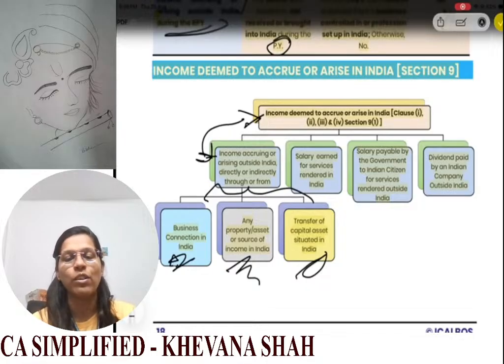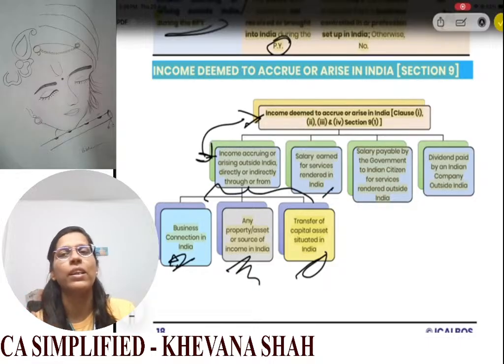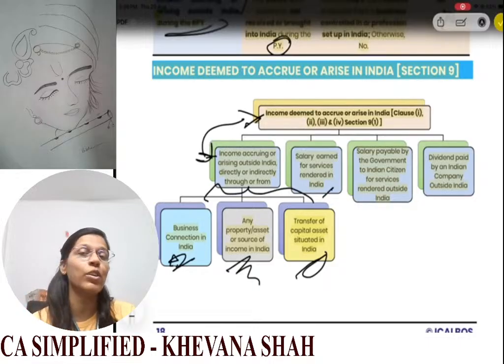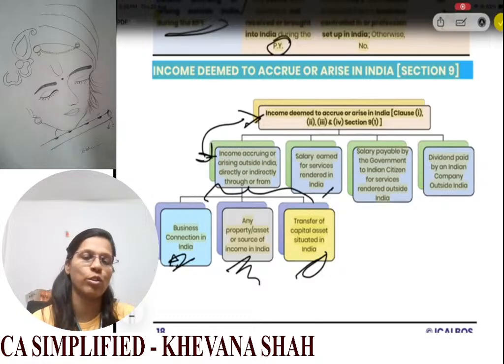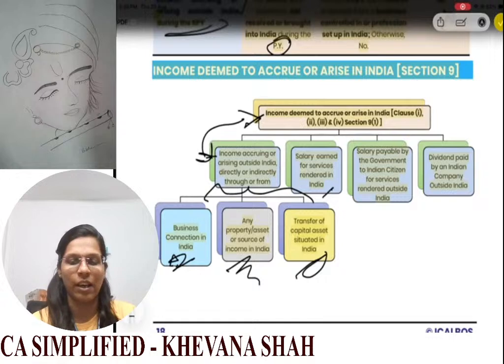Then next we have salary earned for services rendered in India. So if you are rendering any services in India, even though you are staying outside, in that case also that income will be deemed to accrue or arise in India. And salary payable by the government to an Indian citizen for services rendered outside India.